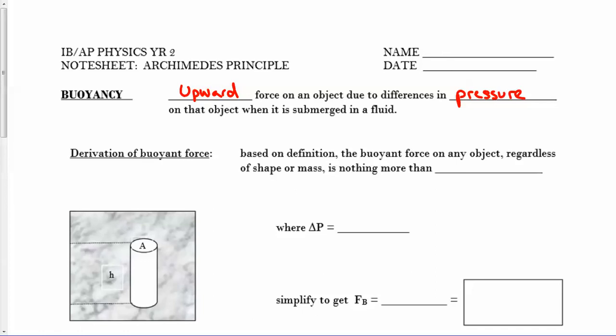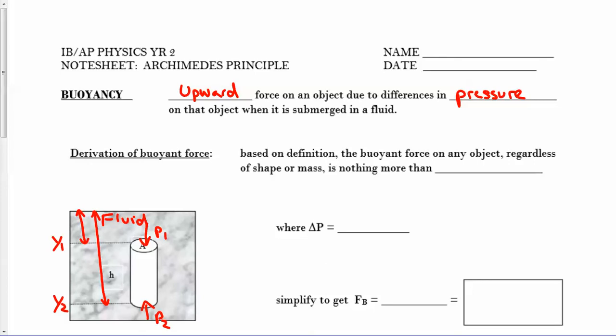So if we have this fluid right here, and we have some original depth below, I'll call that y1, and some other depth below, we have that as y2. There's some P1 going this way, and there's some P2 going in the upward direction.